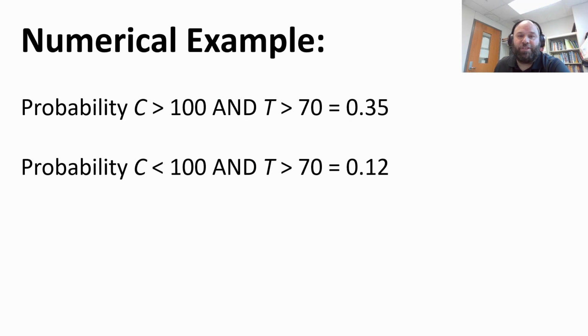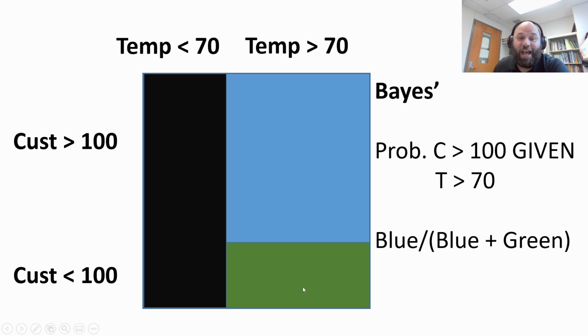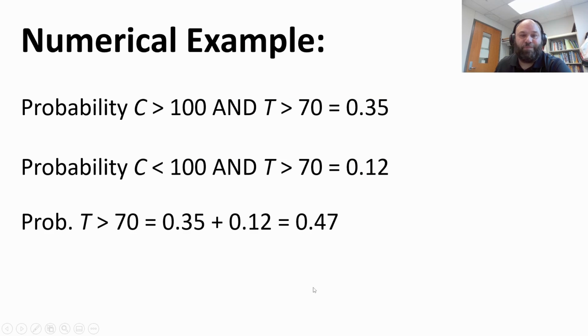Suppose we also know that the probability that we'll have fewer than 100 customers and simultaneously the temperature is over 70 degrees is 12%. That's this green region here, and the 12% is relative to the entirety of the rectangle, including the black region. So this blue is 35% of the whole thing, the green is 12% of the whole thing, so the blue plus the green is 47% of the whole thing.